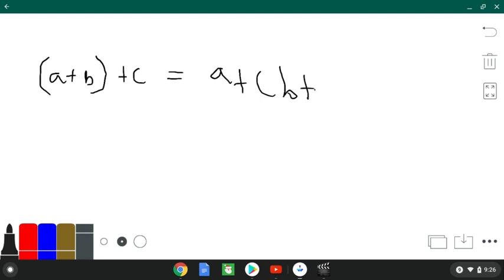So first of all, you would want to do A plus B, I forgot to put the parentheses, plus C equals A plus parentheses B plus C. Sorry about my messy handwriting.